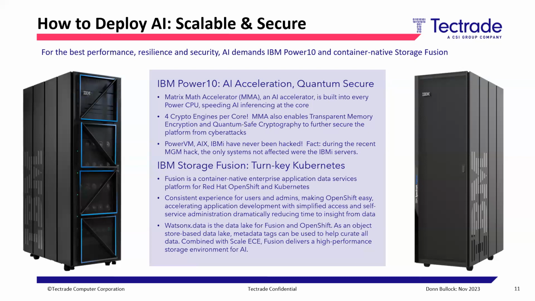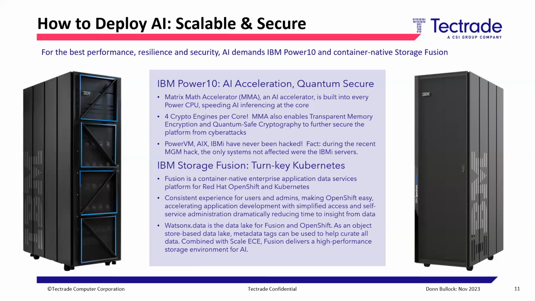Not only does the MMA accelerate AI workloads, but it also has massive security benefits. Inside of every Power10 microprocessor, the MMA enables a number of things. Number one, it gives us encryption at the processor level through transparent memory encryption. This has no performance penalty whatsoever, but ensures that all communications inside of the system are encrypted out of the box.